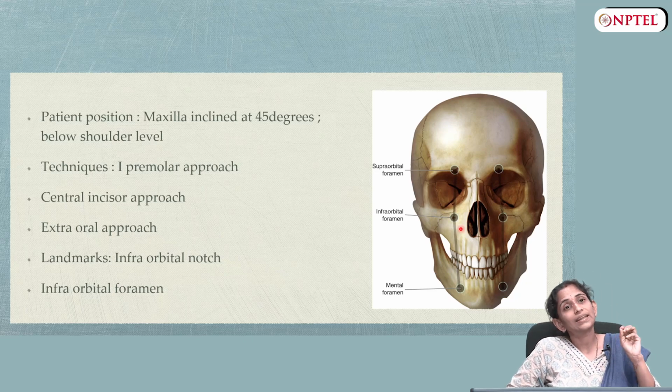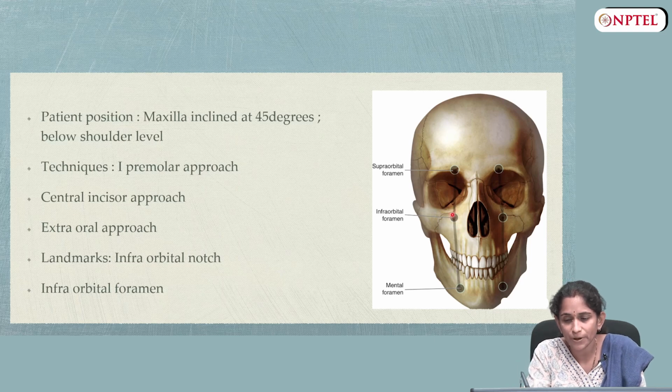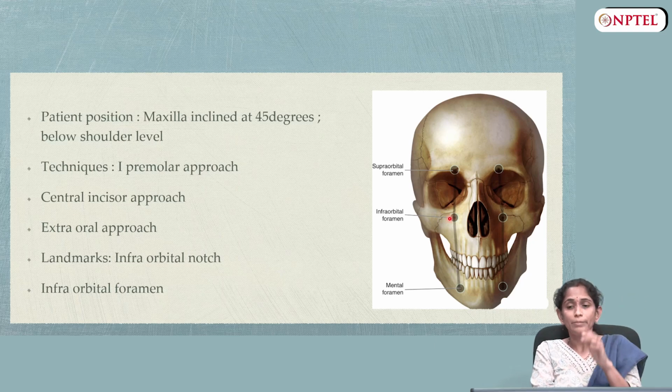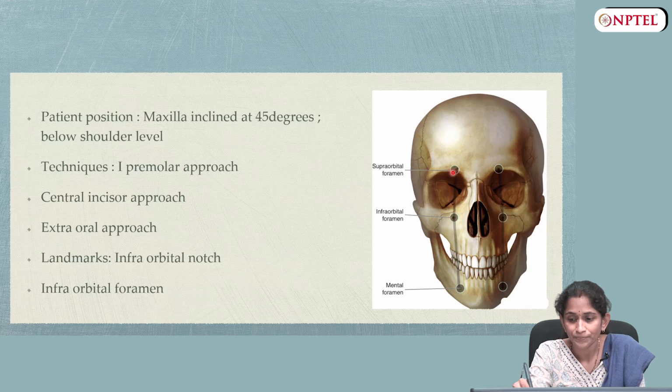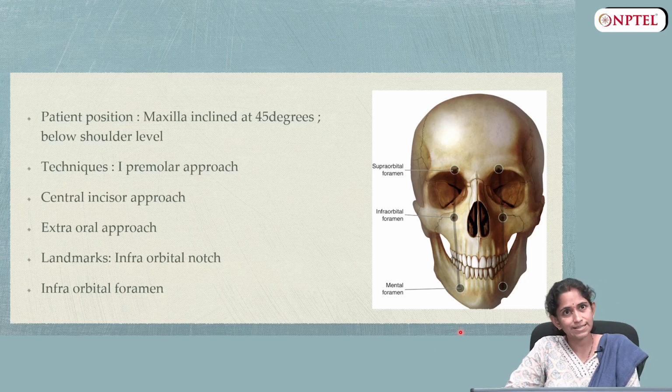Now, the other way in which you can reach the infraorbital foramen is to ask the patient to look straight. When the patient looks straight, you have to remember that the supraorbital notch, the infraorbital notch, the pupil of the eye, the infraorbital foramen and the mental foramen lie in one straight vertical axis.